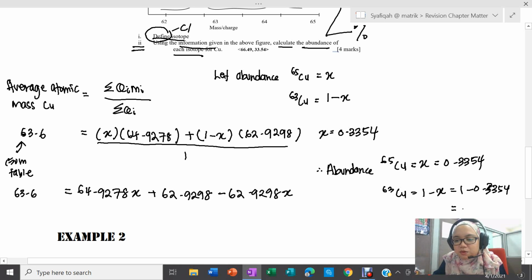You will get is equals to 0.6649. Okay, kalau you guys buat dia dalam percentage, you dah awal-awal buat kat sini 100 tolak X kan, betul? So, you guys akan dapat dalam bentuk percentage lah. Okay, so this is how you do this kind of question.